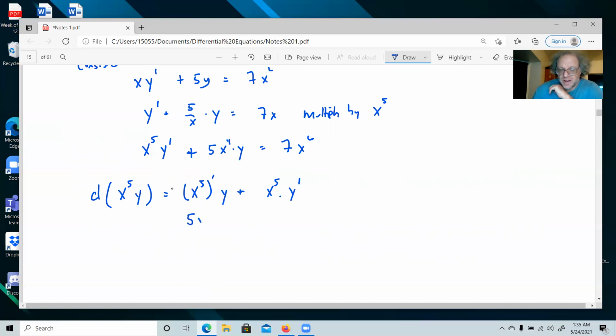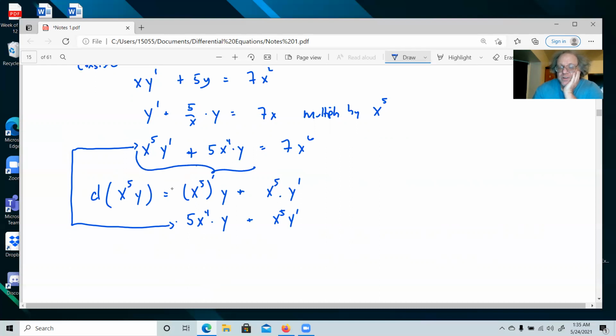So this is 5x to the 4th times y plus x to the 5th y prime. I wonder where I've seen that before. Right there. So what I'm going to claim is that this term here is the derivative of x to the 5th y, and that's equal to 7x to the 6th.